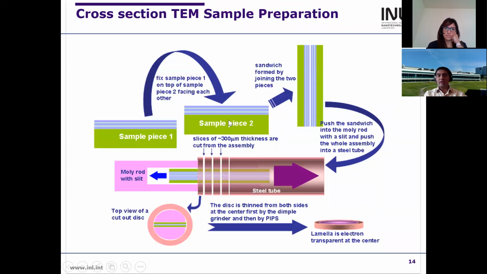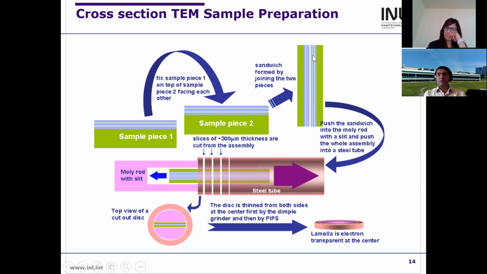So what we essentially do is first cut two pieces of that, and then sandwich them together with an adhesive, and that adhesive needs to be electron conducting. It needs to be a conductive glue.